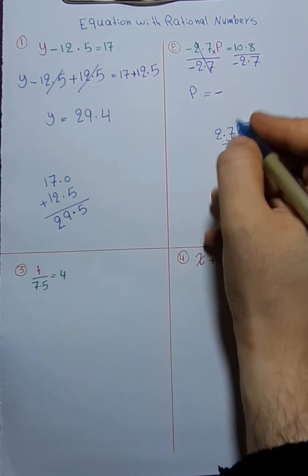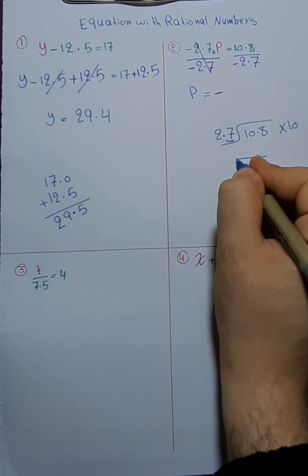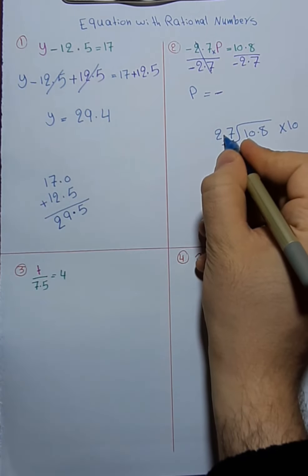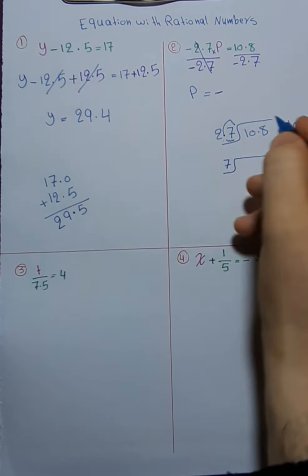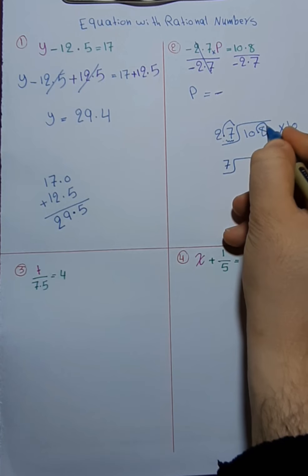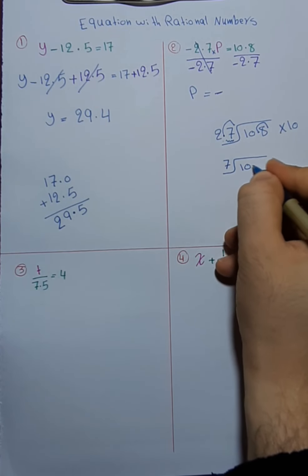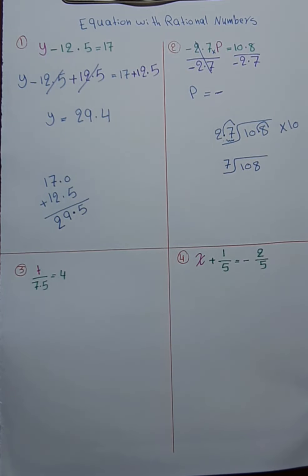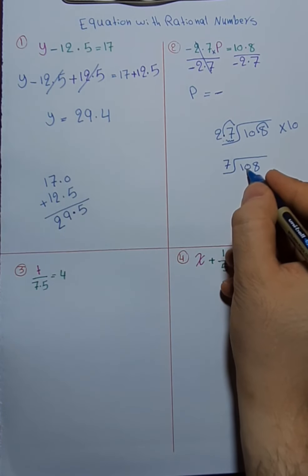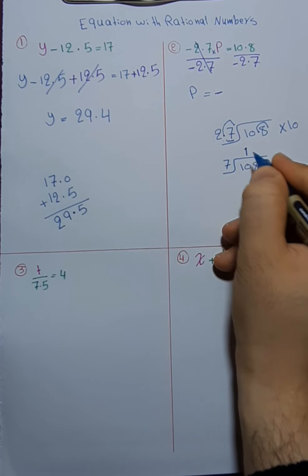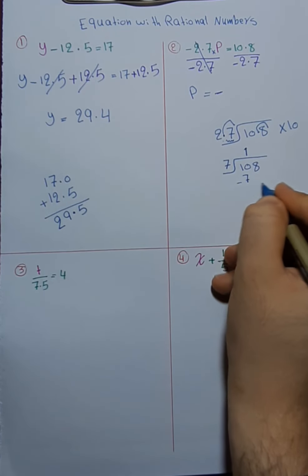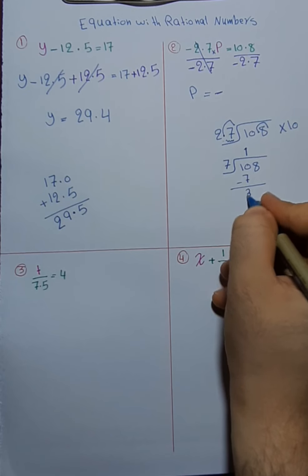Now these two numbers are multiplied by 10. This decimal point moves one step to the right, we get 27, and this decimal point moves one step to the right, becomes 108. Now we can start our division. 10, how many 7s are in 10? We have 1. 1 times 7 equal to 7. 10 minus 7 equal to 3.